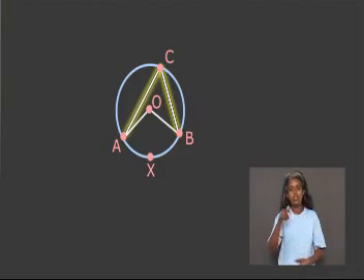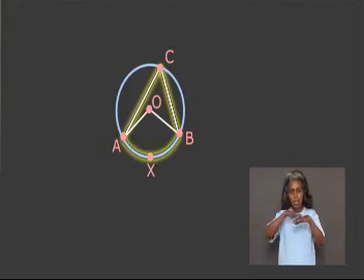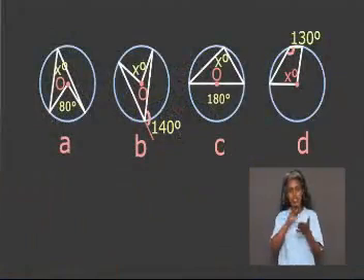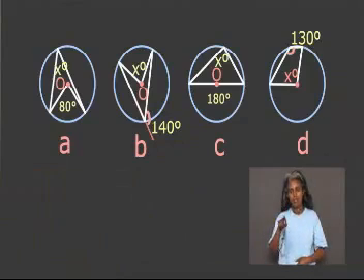Angle ACB is subtended by the arc AXB. This brings us to the first theorem in today's lesson. The measure of a central angle subtended by an arc is twice the measure of an inscribed angle in the circle subtended by the same arc.